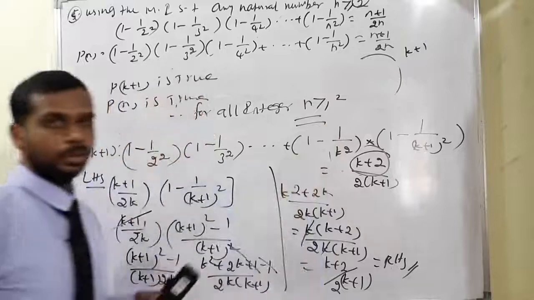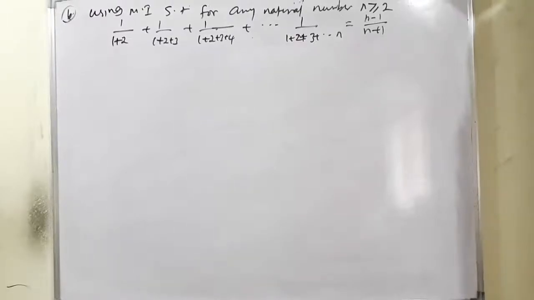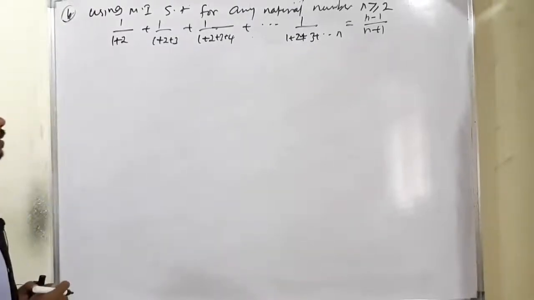Okay, I will continue with the next question. Question number 6, the same concept, but the question is a little bit different compared with the last question: 1/(1+2) plus 1/(1+2+3) plus 1/(1+2+3+4) plus dot dot dot plus 1/(1+2+3+...+n) is equal to (n-1)/(n+1).